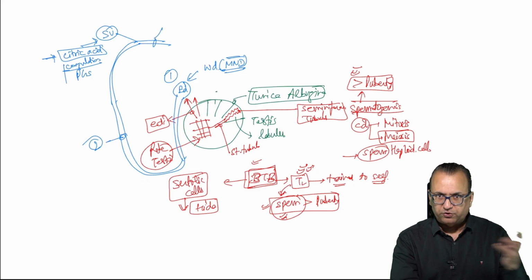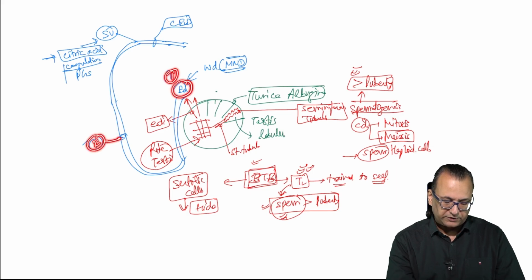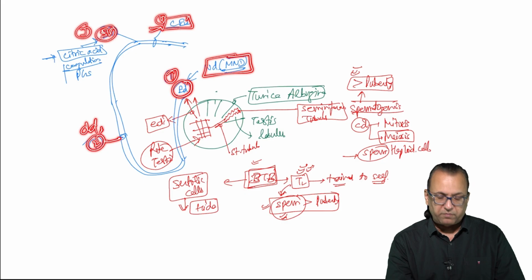Together, when they join, they form the common ejaculatory duct. So number 1 is the epididymis, number 2 is the ductus deferens, number 3 is the seminal vesicle, and number 4 is the common ejaculatory duct. They are all coming from the Wolffian duct or mesonephric duct, the collecting and transport system of the semen or sperm.